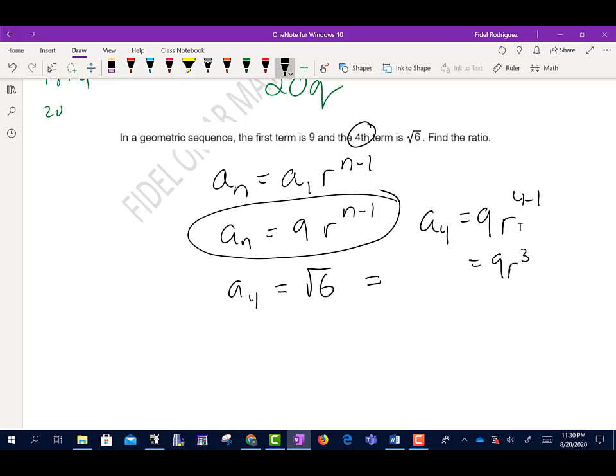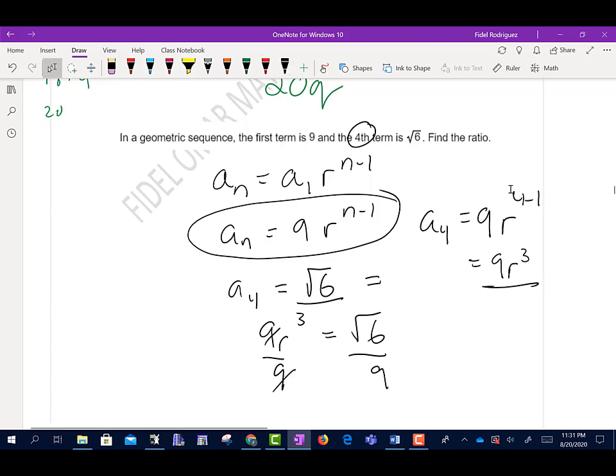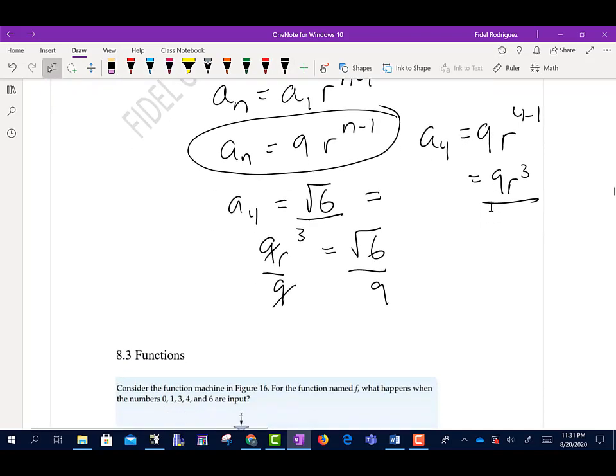So that's just telling me that 9r to the third is equal to the square root of 6, because this one and this one are exactly the same, right? That's the fourth term. So what I need to do, I need to solve for r. Okay, we can do that. Let's divide by 9. Okay. And so now I have r to the third is equal to the square root of 6 over 9.